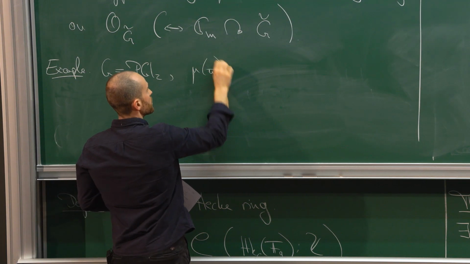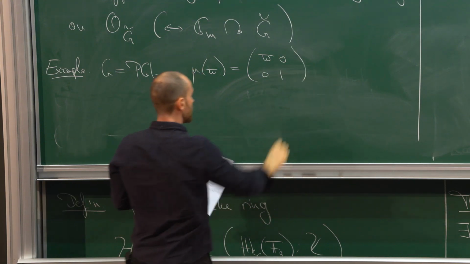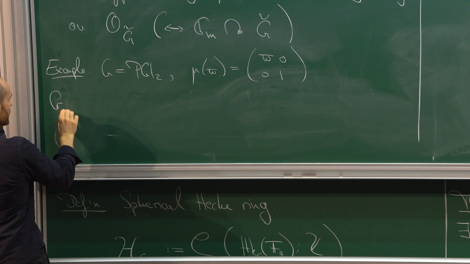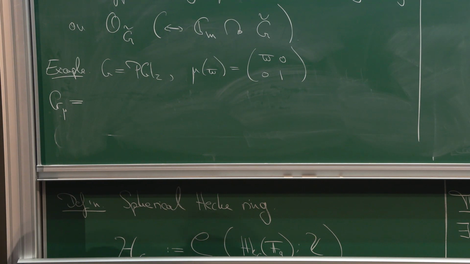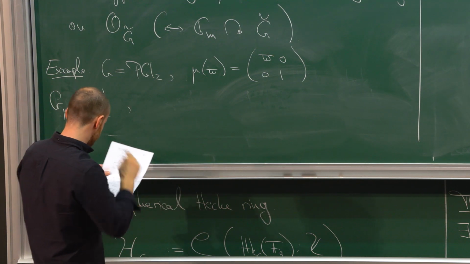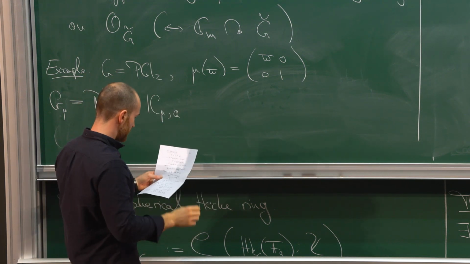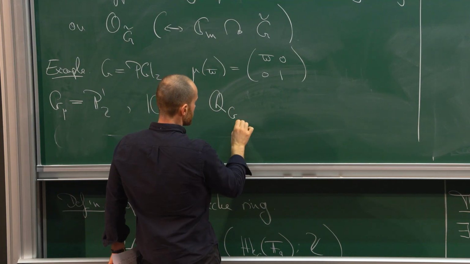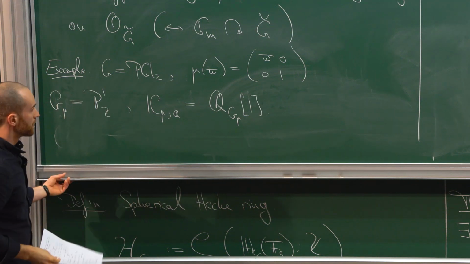So G is again PGL2, and phi is the minuscule one. Then this Schubert variety in the affine Grassmannian is just a projective line, and this intersection complex is just a constant sheaf on the orbit, shifted by 1.